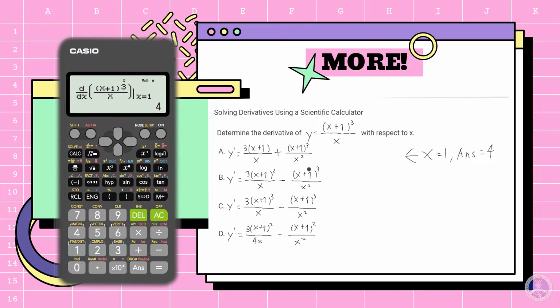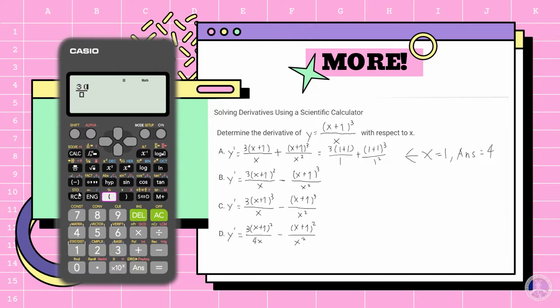So let's do this slowly, as this is a bit long. 3 times 1 plus 1 all over 1 plus 1 plus 1 cube all over 1 square. Let's give it a try.